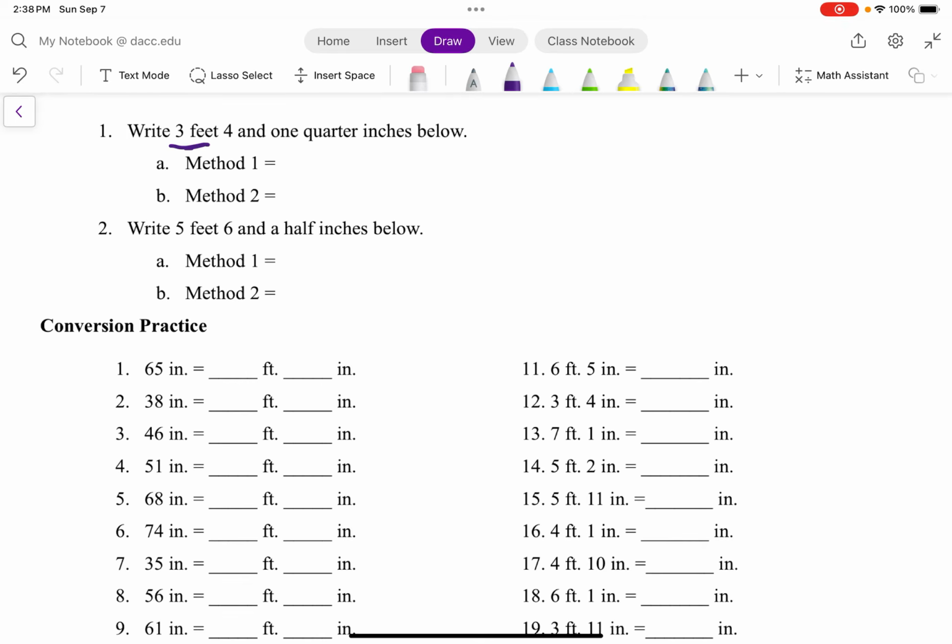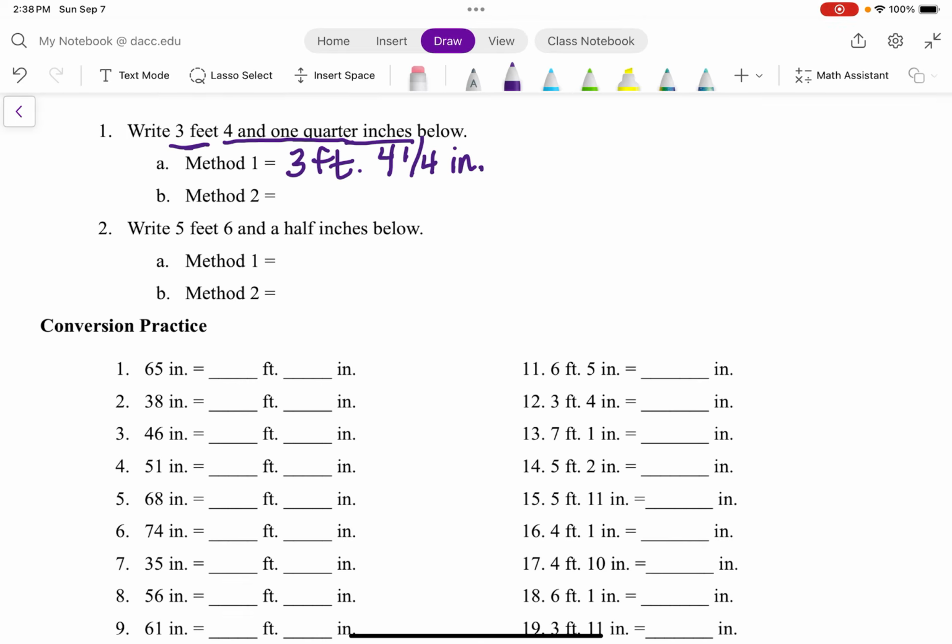So here we would write 3 FT. Now inches come next. How many inches does the problem ask for? It says 4.25 inches. So we'd write that as 4.25 IN. So that is writing 3 feet 4.25 inches using method one.